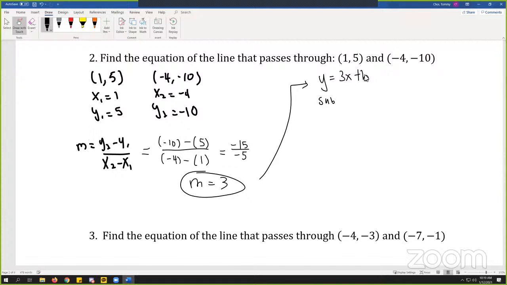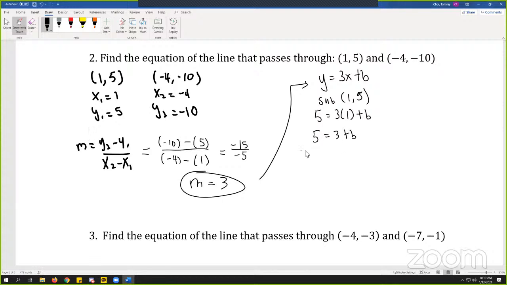Then we're going to sub in one of the points. So it doesn't matter which one you sub in. I'm going to sub in 1, 5. Try to work with smaller numbers. And that's going to give me 5 is equal to 3 times 1 plus b. Once again, it doesn't matter which one you plug in. You should still get the same answer. Then 5 is equal to 3 plus b.